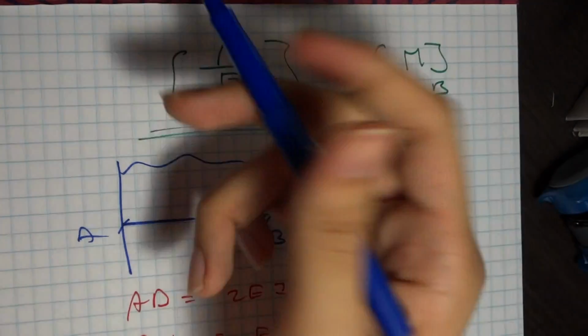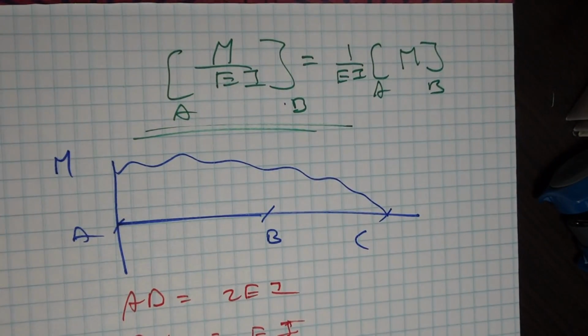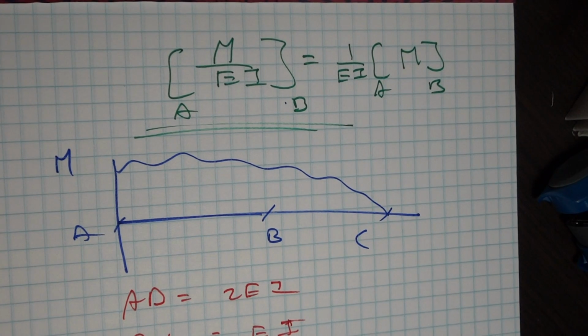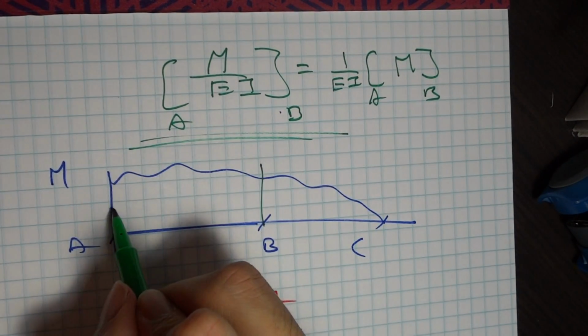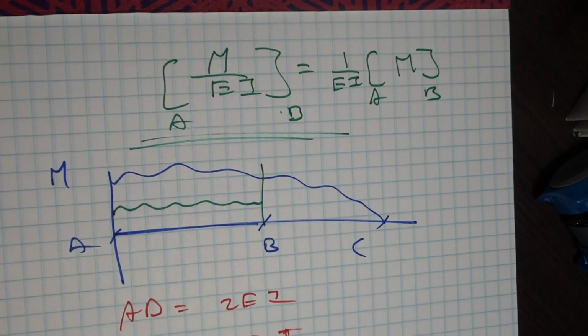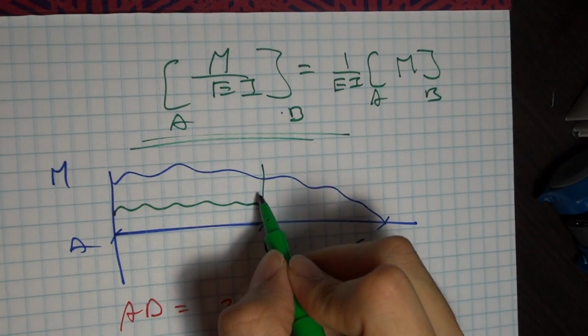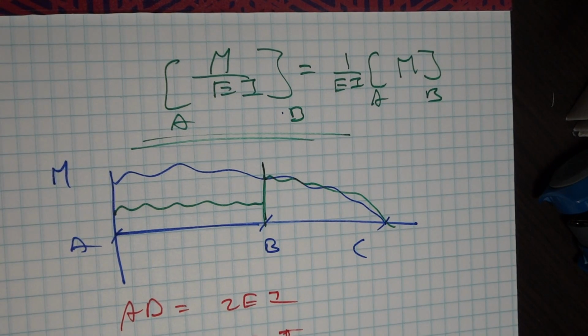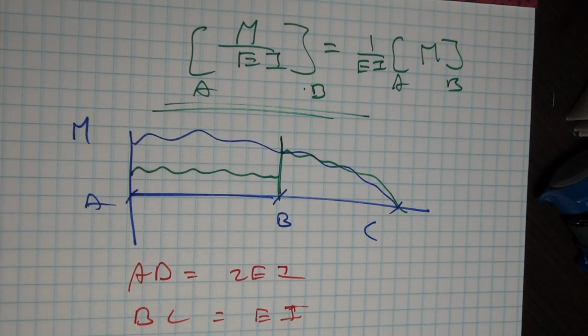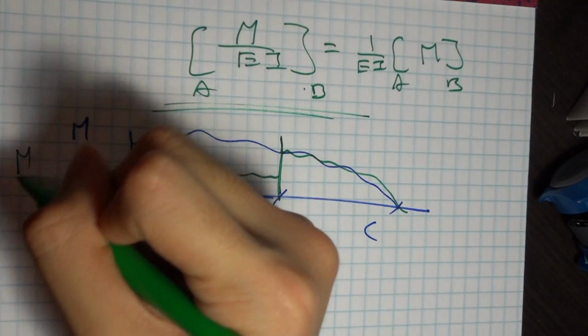And that this is the graph of my moment diagram. Do you guys agree that that's basically the same as just cutting this part in half? So this is now my M on EI diagram.